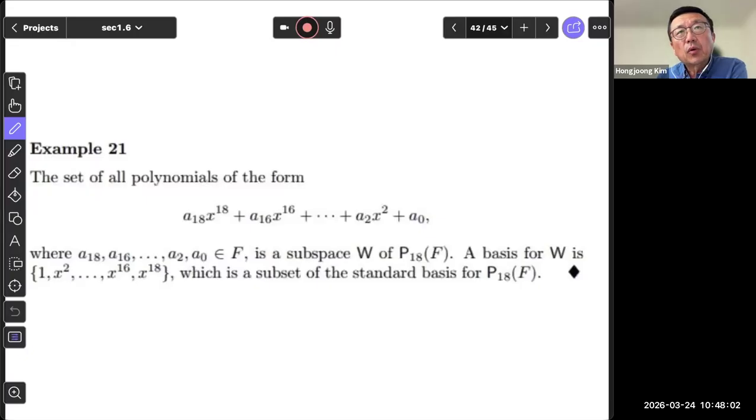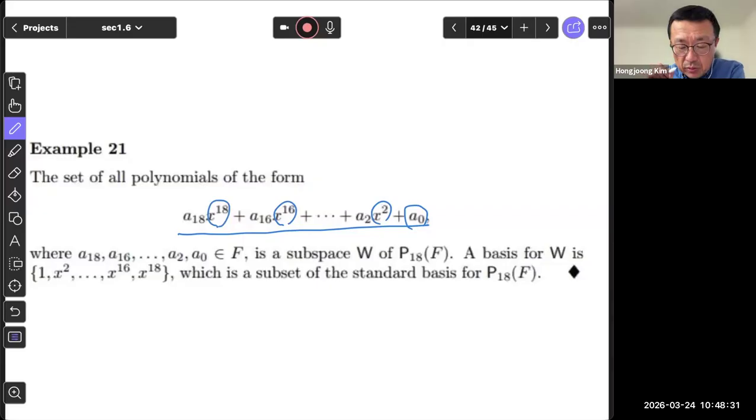So the set of all polynomials of this form. As you can see, I'm just considering only even powers of x. a naught is the constant term, which is the coefficient of x to the naught. And then we have x squared, x to the fourth, and then up to x to the 16th and 18th, and then we have some coefficients.